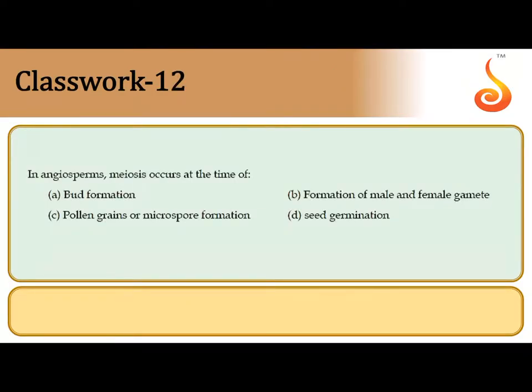In angiosperms, when does meiosis happen? Meiosis happens during the formation of the male and the female gamete. So the answer says pollen grain or microspore formation. The male gamete specifically is formed from the pollen grain by mitosis.